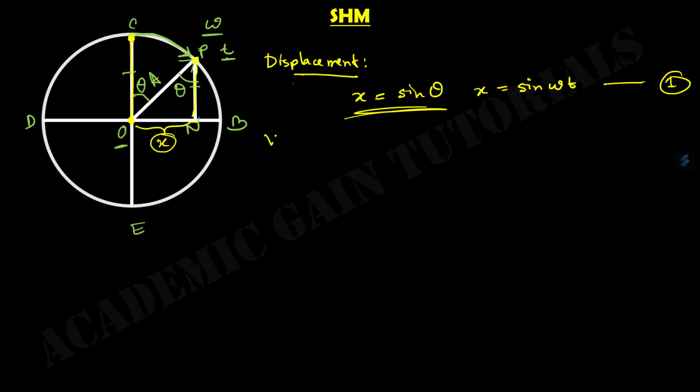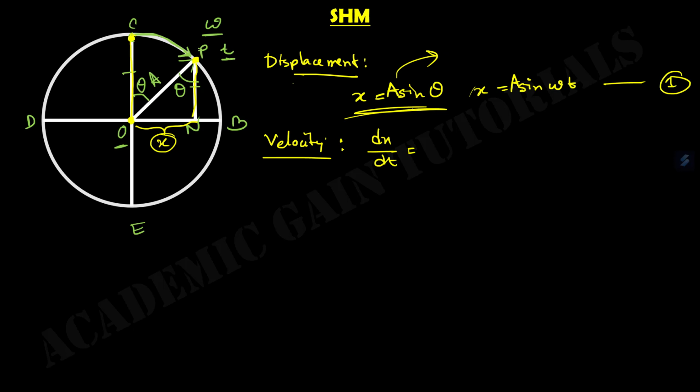Now what is the velocity? If I differentiate this displacement with respect to time, then I will get the velocity. There is another term I just missed, which is the radius a, which represents our linear amplitude.